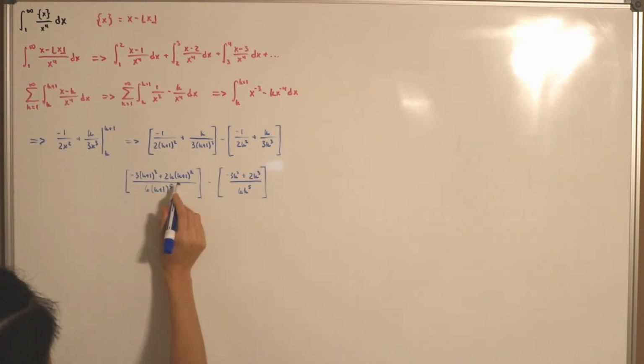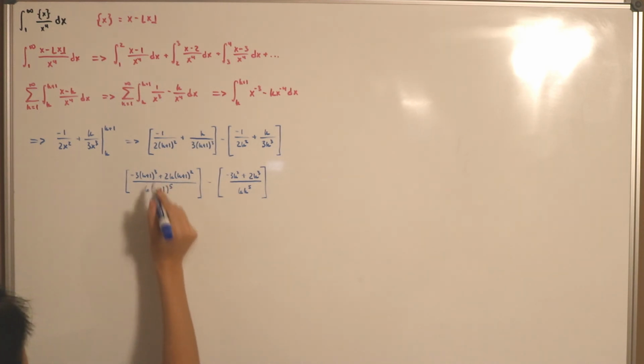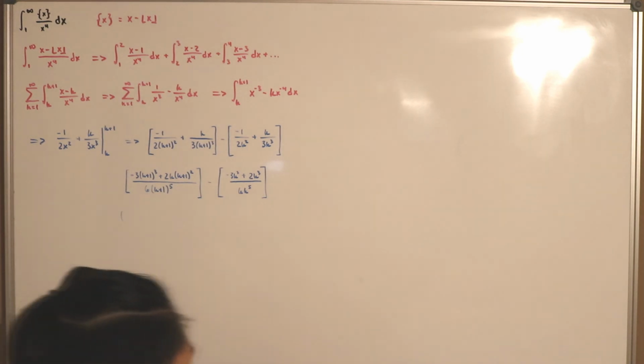And I can actually factor out a k plus 1 squared from the numerator. This ink's running out, so I'm going to have to go back to pink.